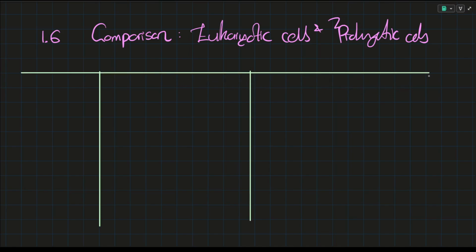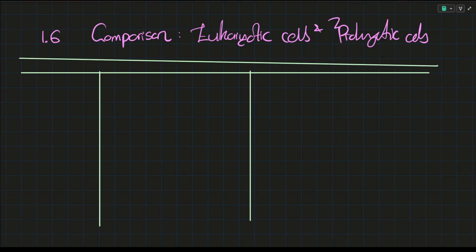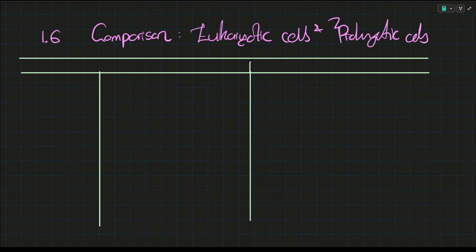I think I'll draw this like that, and that all the way up until here. Let's join that up. Okay, cool. First of all, a feature: how it's affected in prokaryotes, how it's affected in eukaryotes, not affected, how it's different in eukaryotes, prokaryotes.